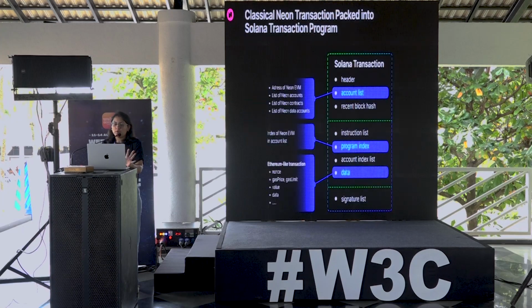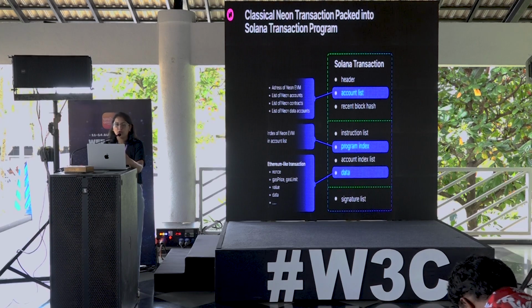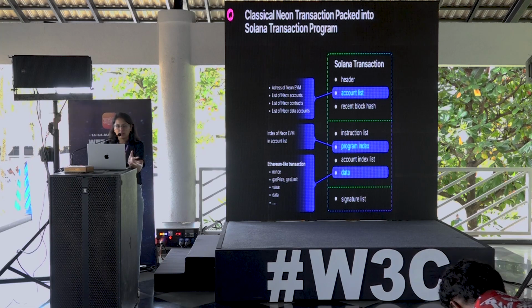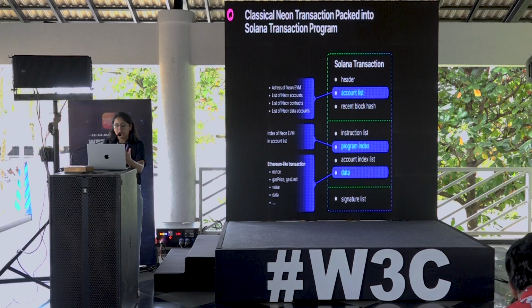Now, let's talk about how a Neon transaction can be packed into a Solana transaction. If you want to execute Solidity code over the Solana blockchain, we have to find a way to convert that transaction into a Solana-based transaction, and for that reason we have this overview.